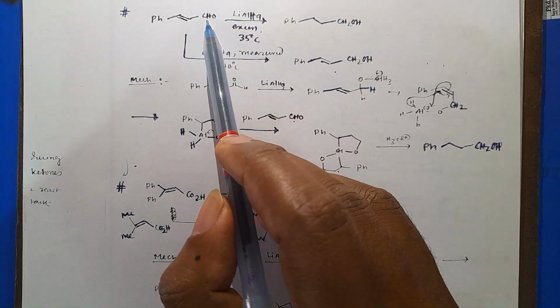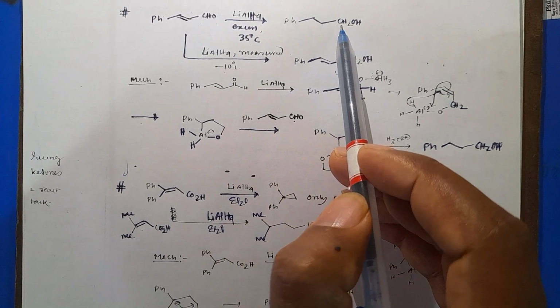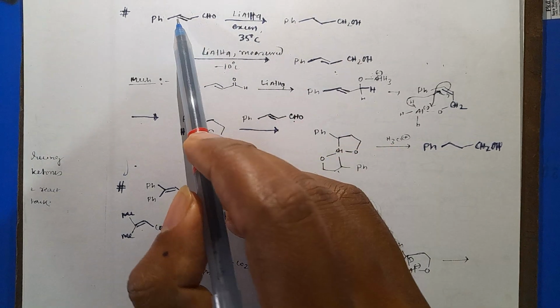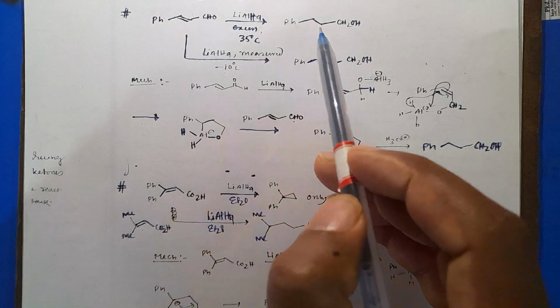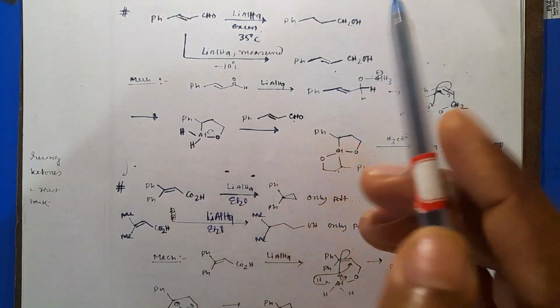You can see that the aldehyde group is converted into an alcohol group, and this double bond is also reduced, and ultimately it provides this product.